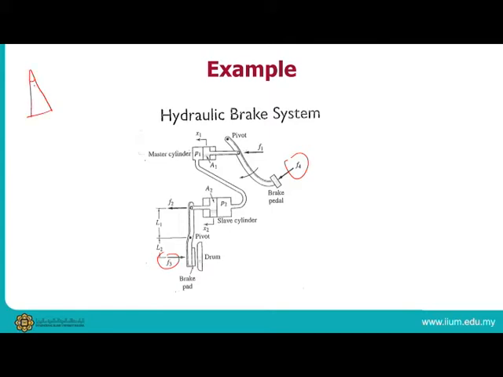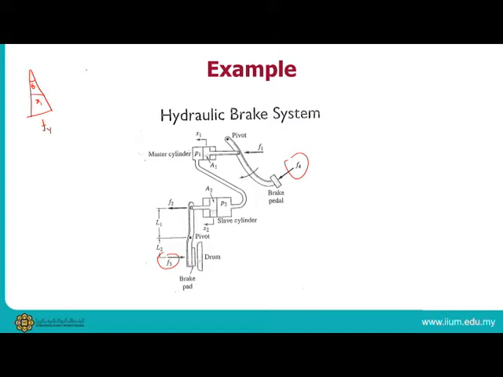You have theta, then F1 is this way. The distance from here to here is basically x1, and then the distance from here to here is F4.